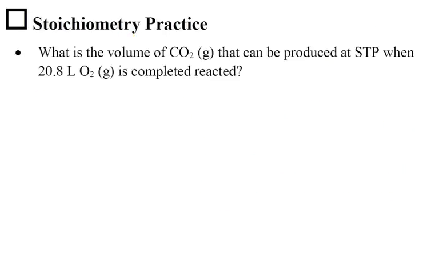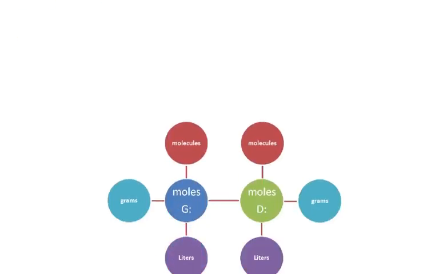Next, we're asking what is the volume, so that's our desired, of CO2 that can be produced when we have 20.8 liters, that's our given, of O2 completely reacted. So we start off with 20.8 liters of O2, and we're trying to get to CO2. So let's see what we're talking about.